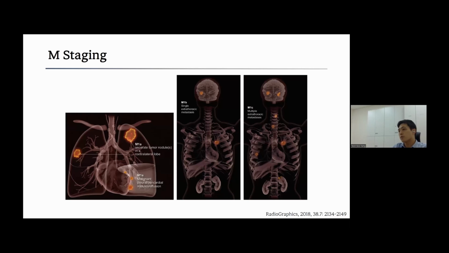And M1 is classified into 3 subcategories. M1a includes metastasis to contralateral lung, malignant pleural or pericardial effusion, or seeding nodules. M1b refers to single extrathoracic metastasis, and M1c means multiple extrathoracic metastases, more than one.